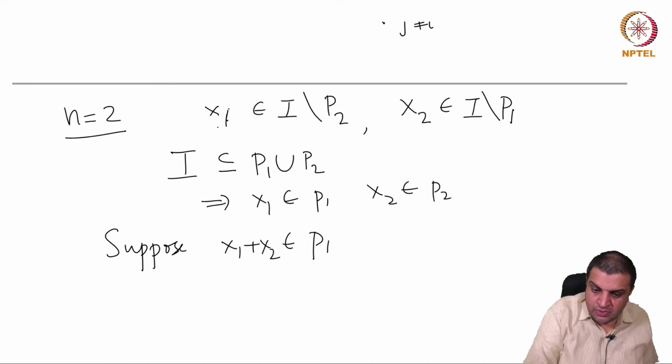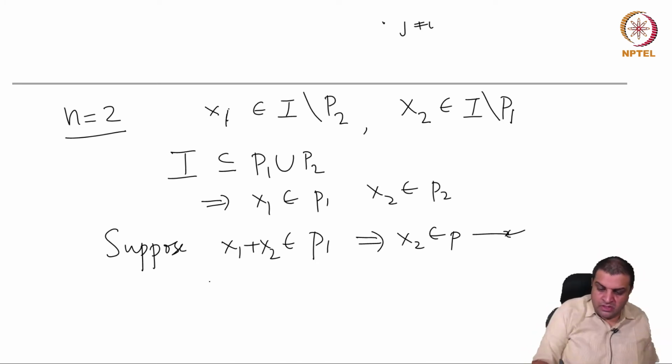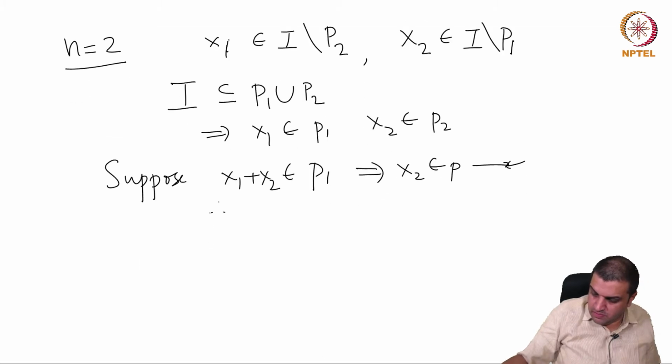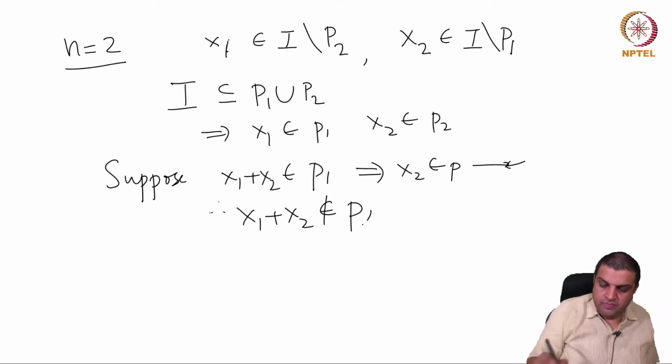Look, x1 is inside I but not in P2, it is inside P1. So suppose x1 plus x2 is inside P1. Putting these two conditions together, we would get that x2 is inside P1, which is a contradiction. Therefore, x1 plus x2 is not inside P1.